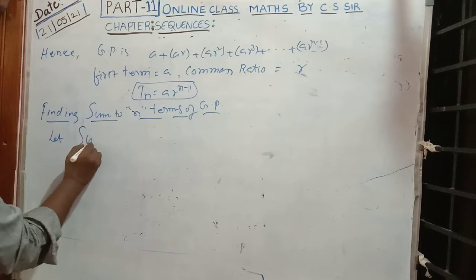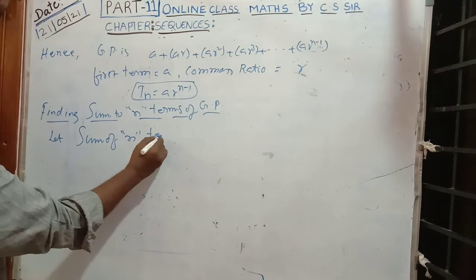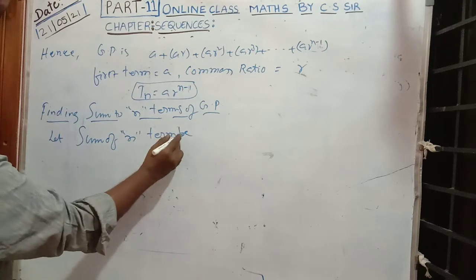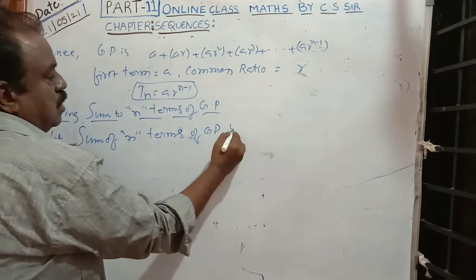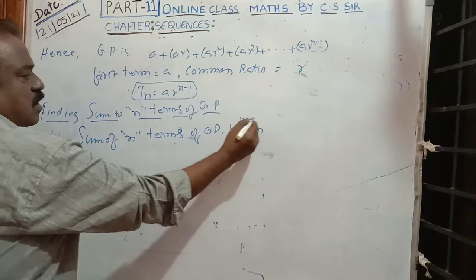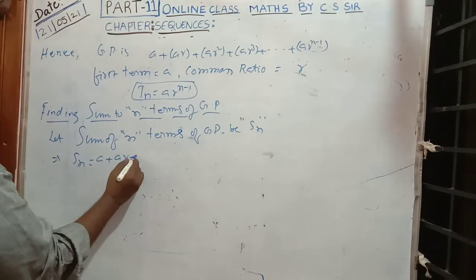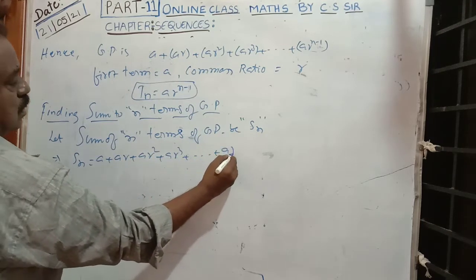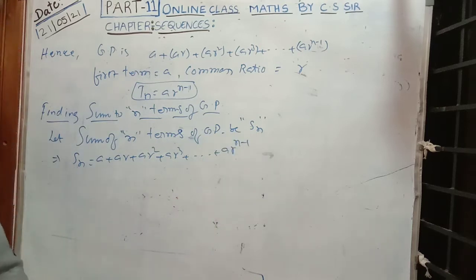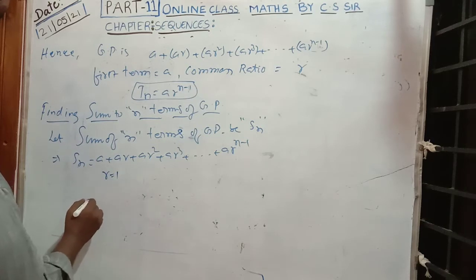Let the sum of n terms of the GP be Sn. That notation is common. That implies Sn = a + ar + ar^2 + ar^3 + ... + ar^(n-1). Suppose r is equal to 1.